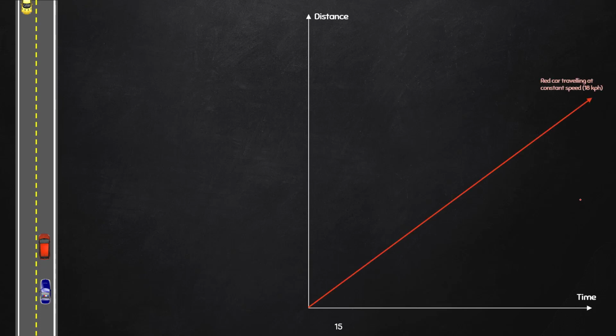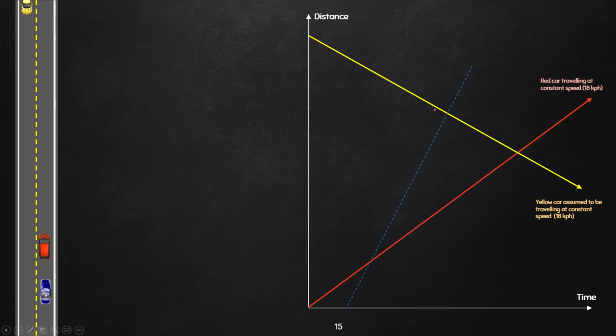We have the red car traveling at constant speed, 18 kph, and the yellow car still constant at 18 kph. And we have the original, if the blue car or the police car will not change its speed. But since they are in a 2-lane highway, there is a need for a passing maneuver.